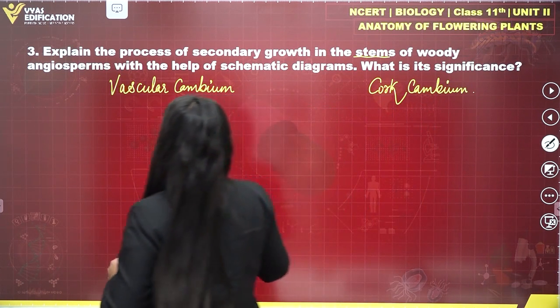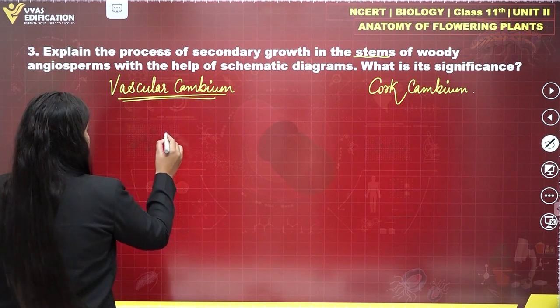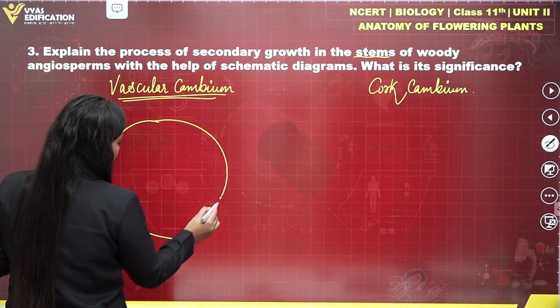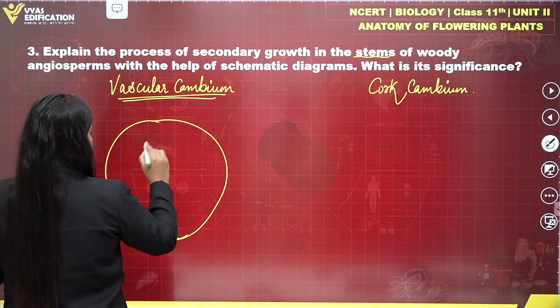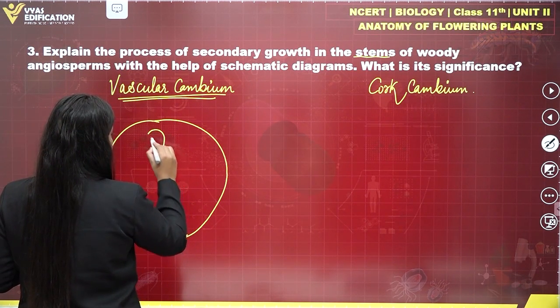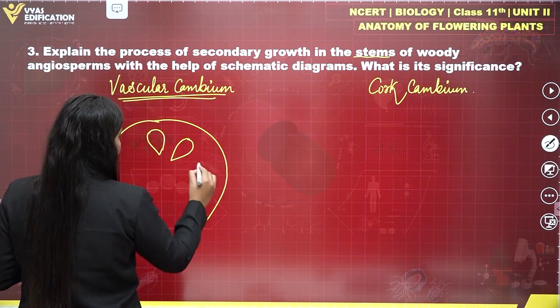Alright, so let's start to draw the schematic diagram for vascular cambium. So this is your epidermis layer. Then you have the cortex region, and inside this you will see vascular bundles like this.